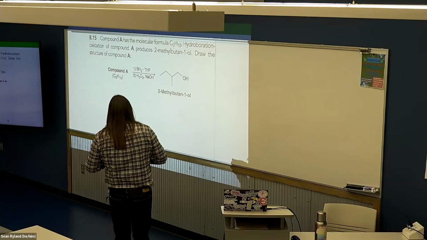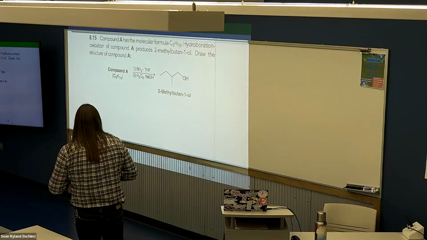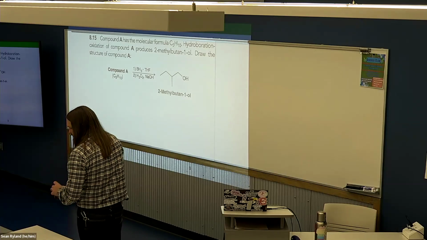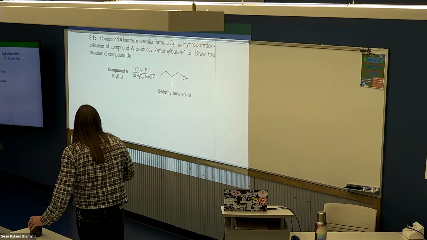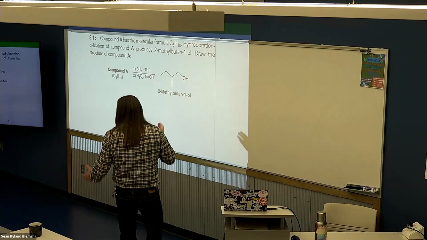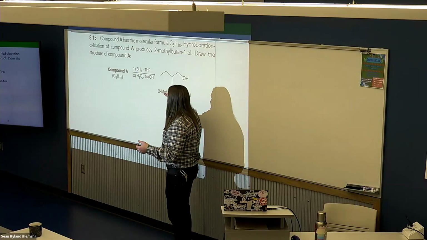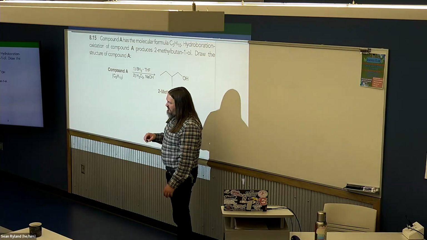Compound A. This is actually a pretty common way of figuring out what something is, especially a natural product, especially before the days of NMR and mass spec. It was basically, well, I don't know what this compound is, but I know that it reacts to make this. So what did I start from?